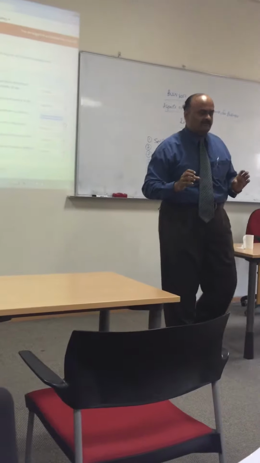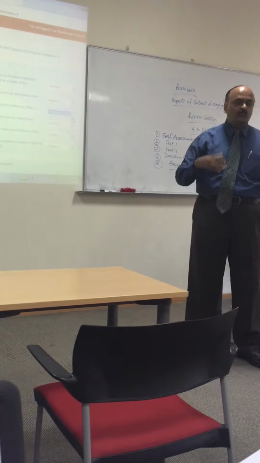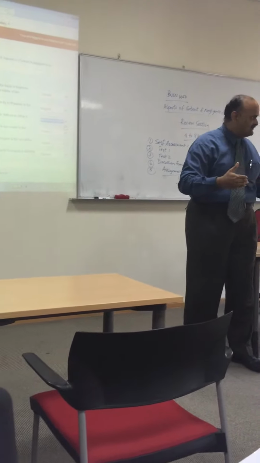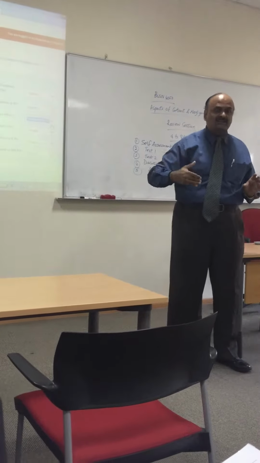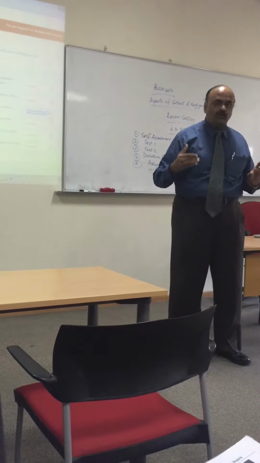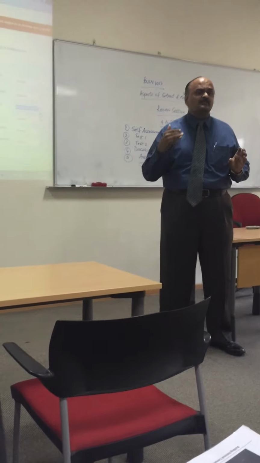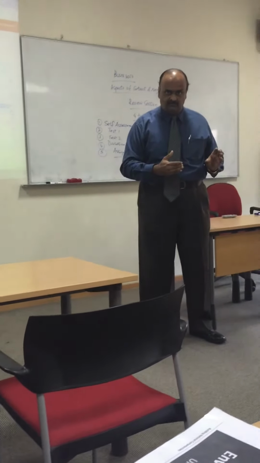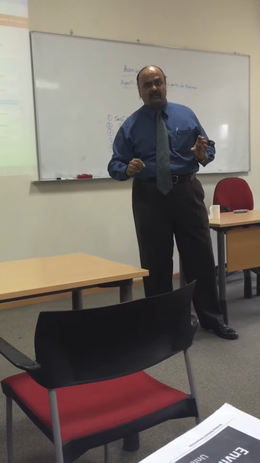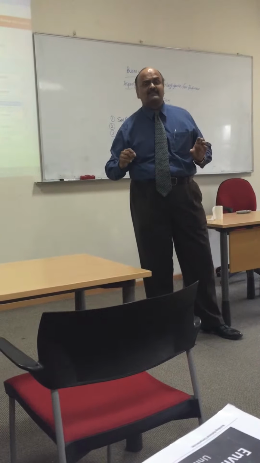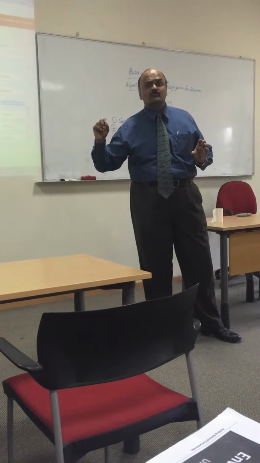Suppose I say you work for this many hours and I pay you salary. That is a condition. It means if I don't work for 8 hours, then I am not eligible for that salary. So it goes to the root of the contract. Whereas a warranty is not necessary and doesn't go to the root of the contract.